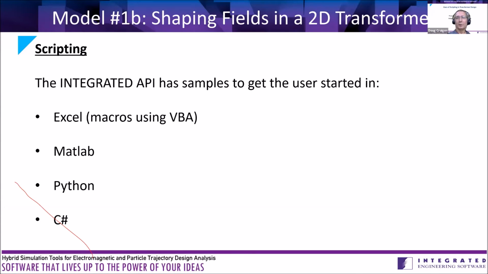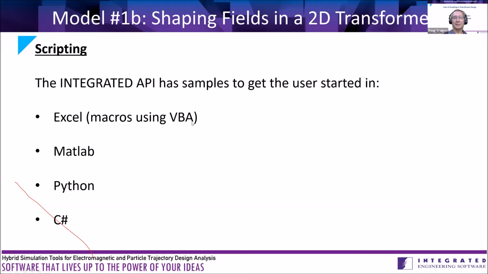The samples that we provide in particular for how to take control of our program span Excel, and we do most of them this way because everybody has Excel. For people with basic programming ability, which is all you need, VBA stands for Visual Basic for Applications.